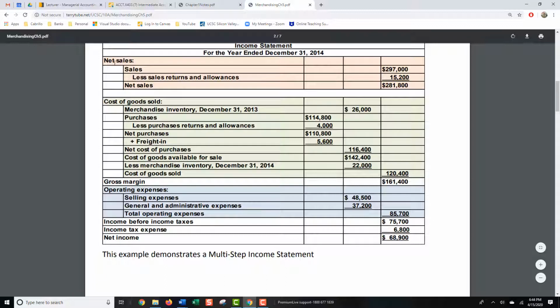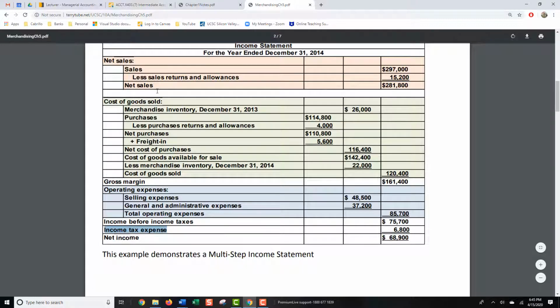Instead of revenues minus expenses, revenues will now be called sales, and your expenses will be in three categories. The first one is cost of goods sold. The second one is operating expenses. And the third one is taxes.